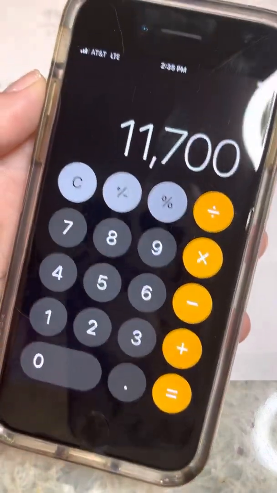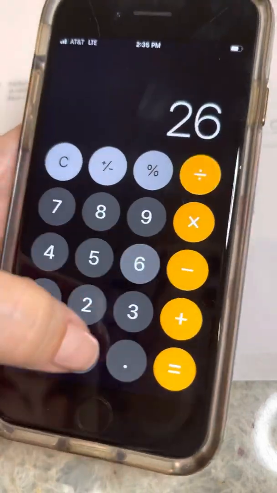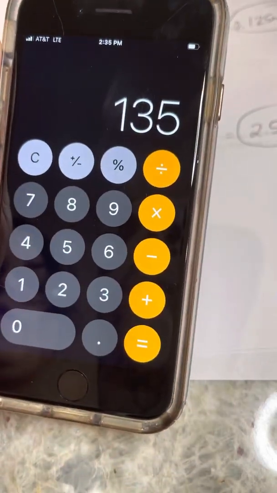All right, so now we need to know how many mLs that is. Fast way, we're going to do 11,700 times 3 divided by 260. 11,700 times 3 divided by 260 equals 135.